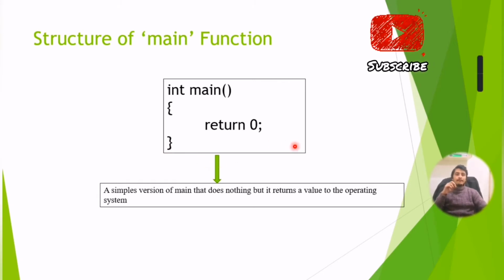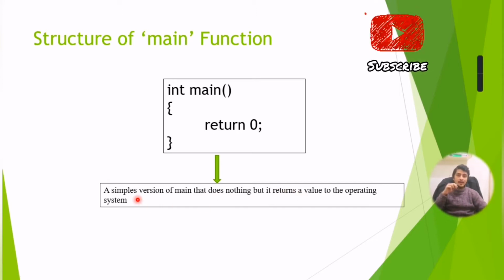Don't worry if you are watching this for the first time. I will tell you everything in detail, like why we wrote int, why we wrote main, why we wrote these curly brackets, and return 0. This is a simple version of main that does nothing but return a value to the operating system.